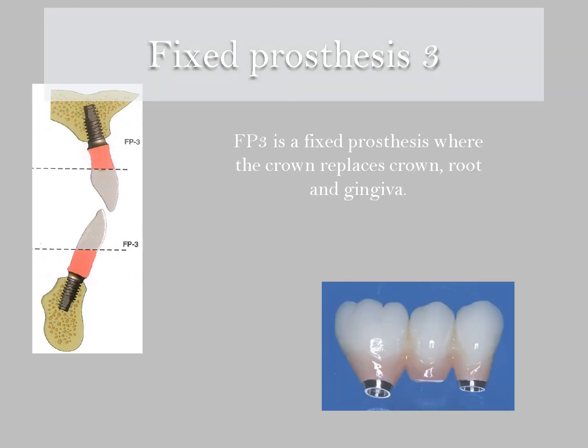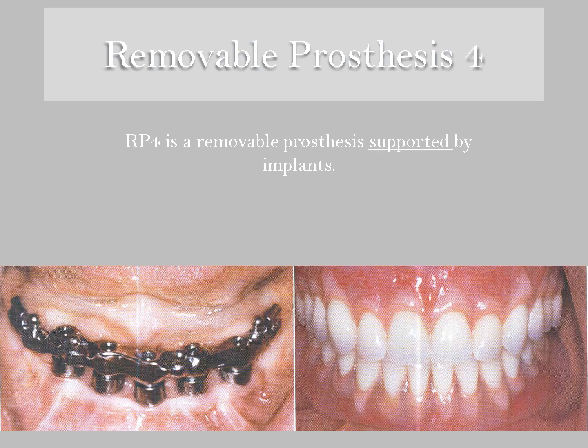And what if you have a lot of resorption and you have to restore gingiva? As we all see after a while, when you make a bridge or something like that, and you have a larger crown, you make a big porcelain, so you restore some sort of gingiva. This one is called FP3. Well, what about the complete denture? As a classification for complete denture, yes, it's called RP4. It's a removable prosthesis, but it has a lot of implants.